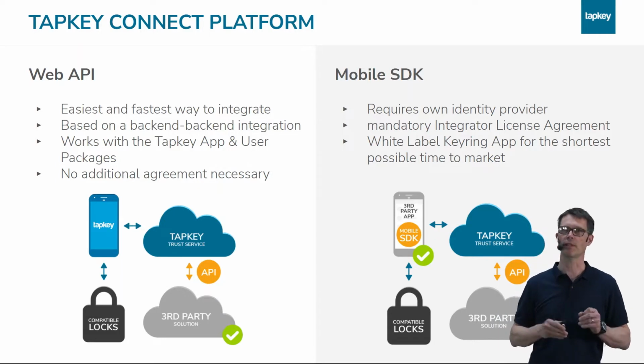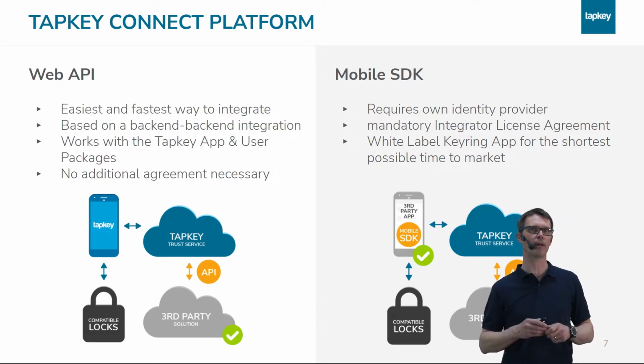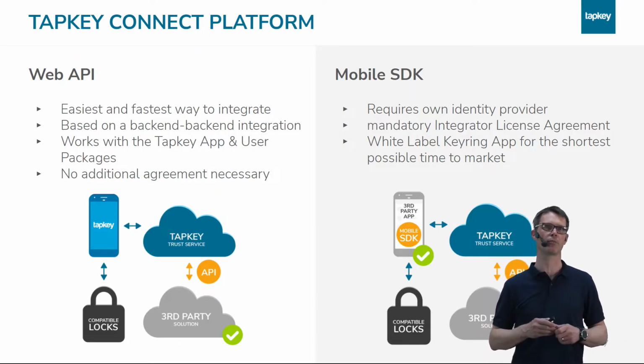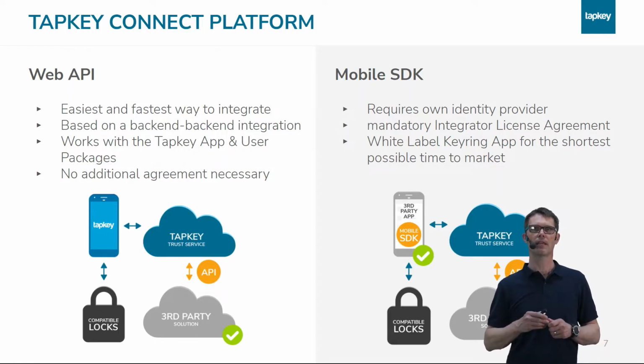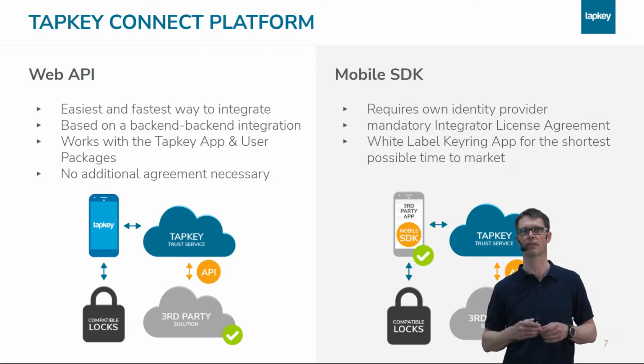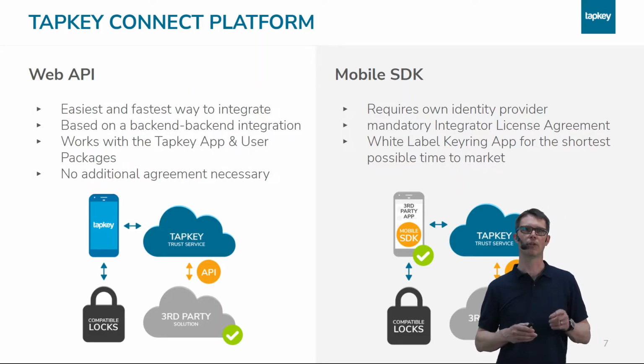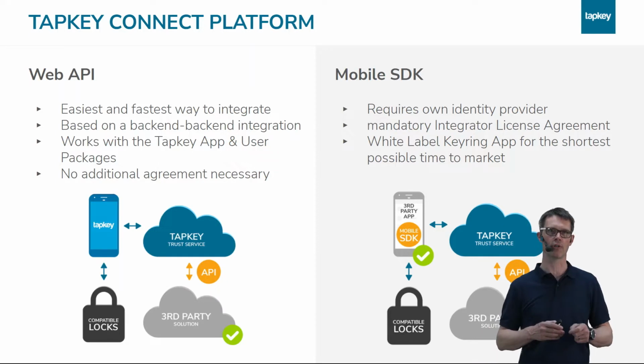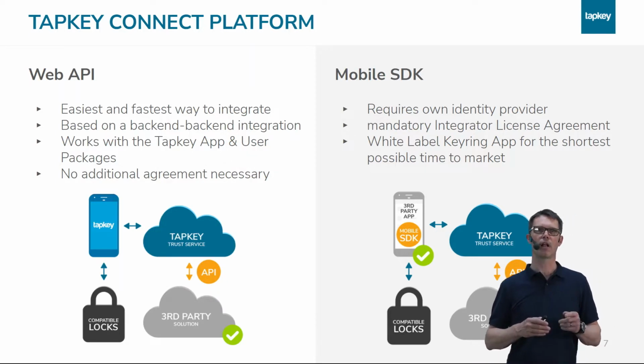If you want to integrate the magic unlock button into your own app, then the mobile SDK comes into play. This Tapkey mobile SDK encapsulates the complex functionality such as communication with the Tapkey Trust service or talking to the locking devices. You need to use your own identity provider because you have to authenticate your users. There is also the option of the white label keyring app.